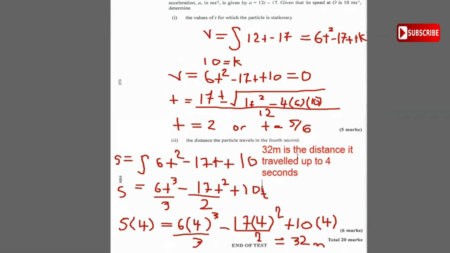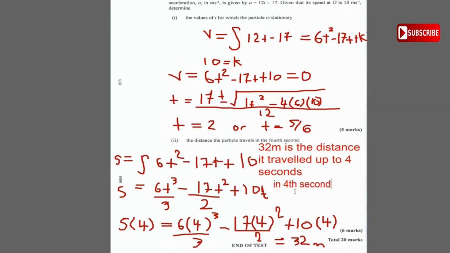Now we need to find S of 3 in order to compute the distance it travels in the 4th second specifically. The distance it traveled in the fourth second is going to be equal to 32 minus S of 3.